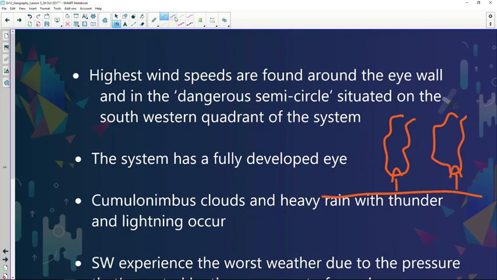Your worst weather is being experienced in this area over here. The system has a fully developed eye. The eye, just to recap, is where the subsidence is taking place, sinking air. It's cloudless, clear blue skies. Cumulonimbus clouds, rain and thunderstorms go along with it.